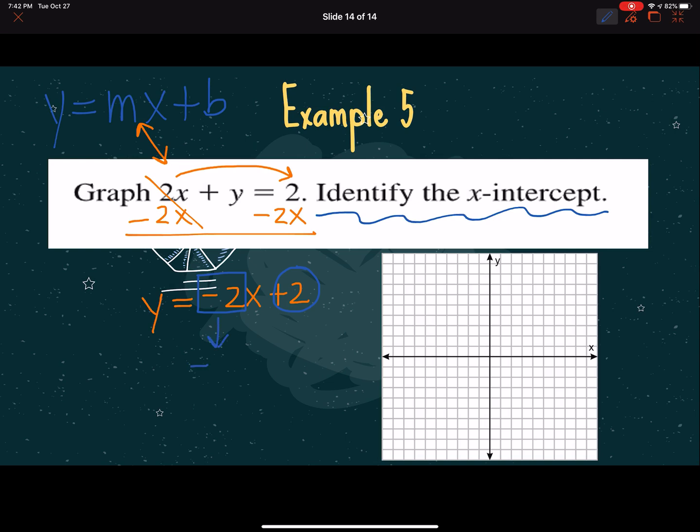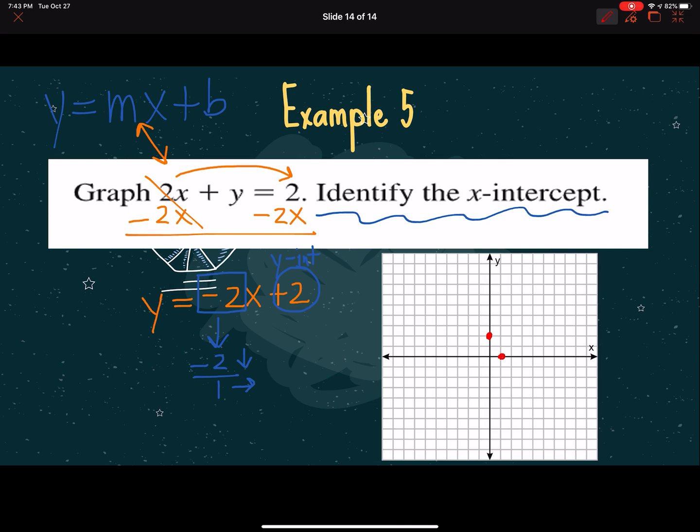So we can put that -2 over 1 and know that we count down 2 over 1 after we graph our y-intercept. So over here on the graph, our y-intercept is a +2 and we have a slope of -2. So we're going to count down 2 units over 1 unit.